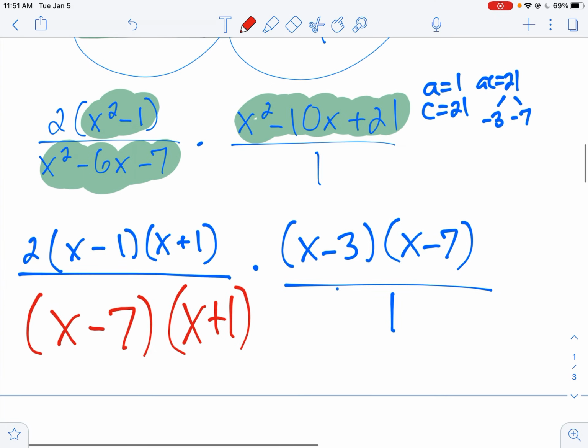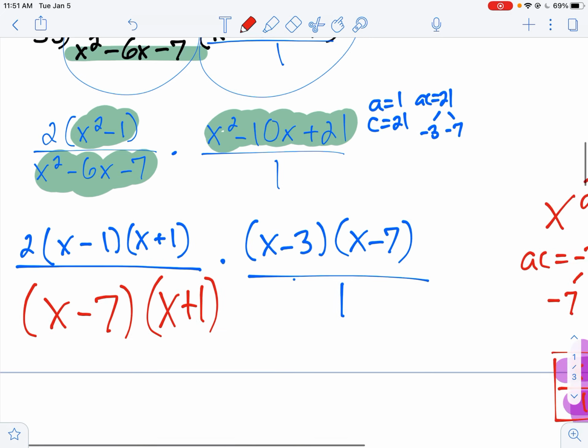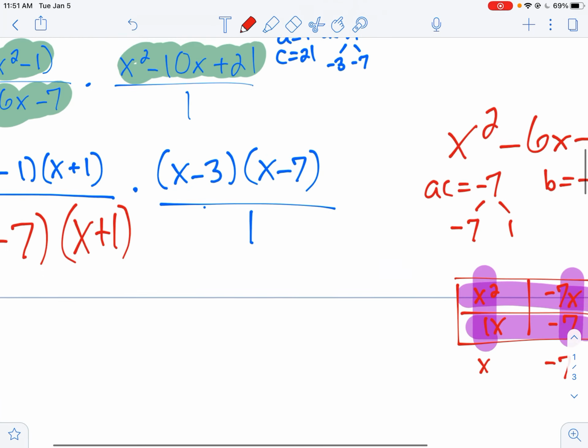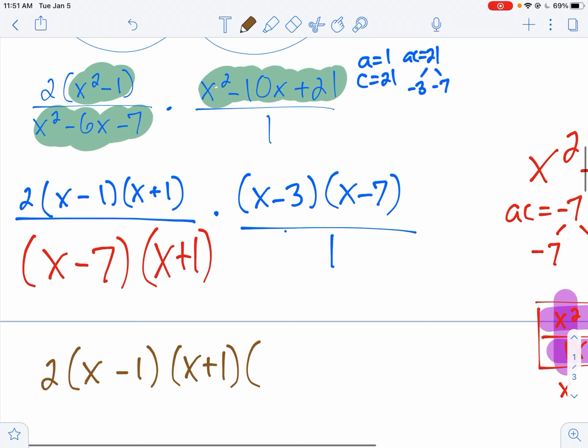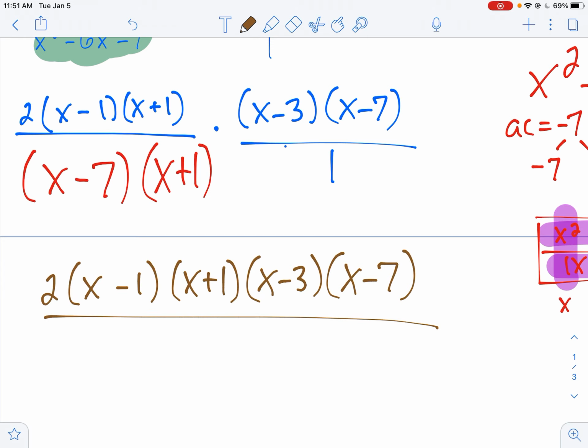Here's where I love cross-simplifying. You can rewrite it as you want, and why the heck not, maybe we will. You can just multiply straight across and rewrite this as 2 times x minus 1, x plus 1, times x minus 3, times x minus 7, all over x minus 7 times x plus 1.